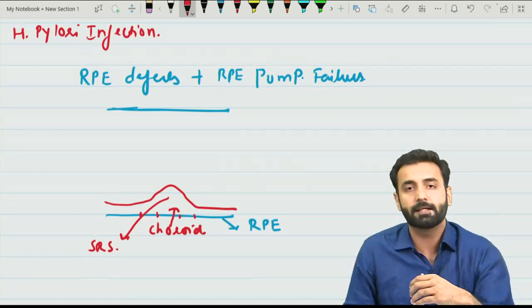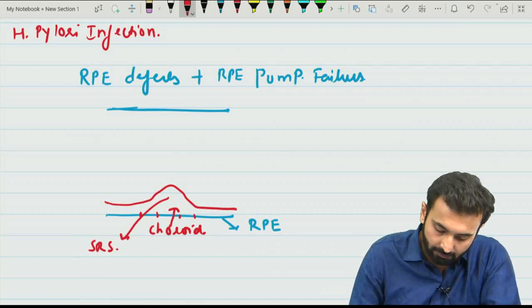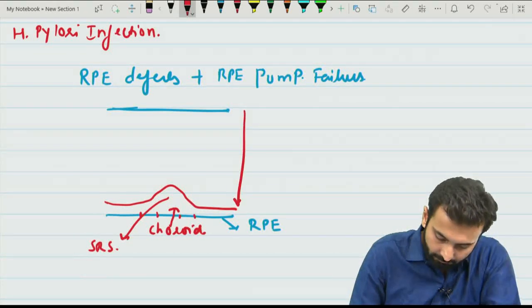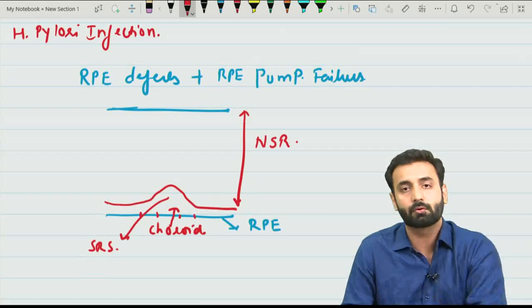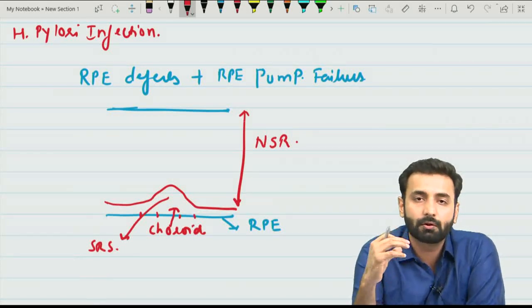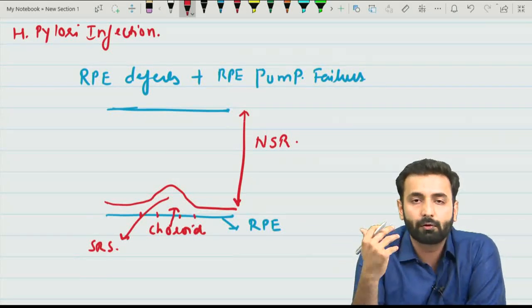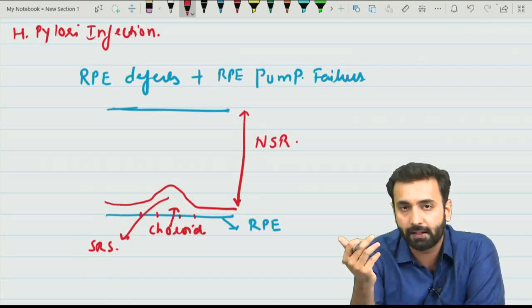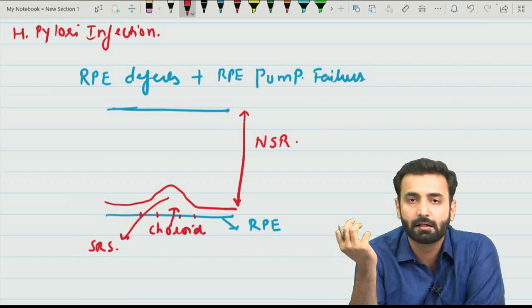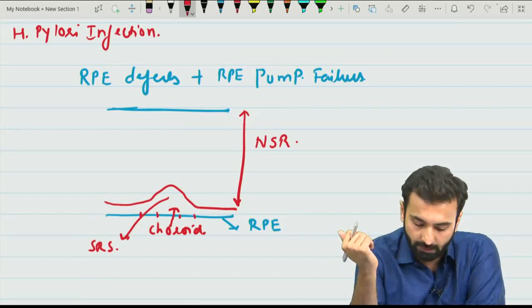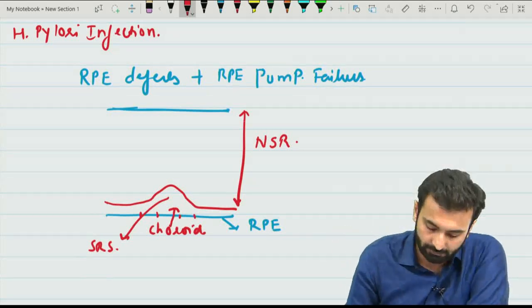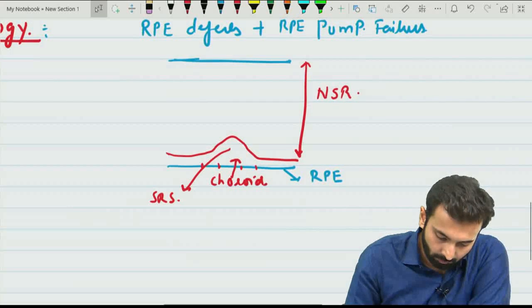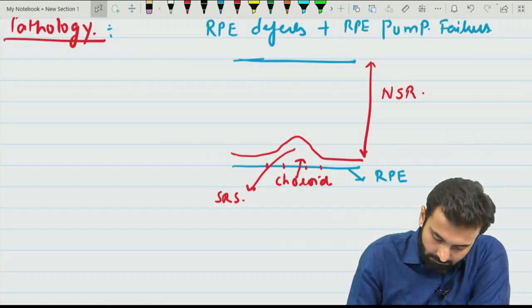It is a potential space between the RPE and the rest of the 9 layers of retina, which are called the neurosensory retina. The fluid accumulates in the subretinal space, which leads to neurosensory retinal detachment. So this is about the pathology of CSR.